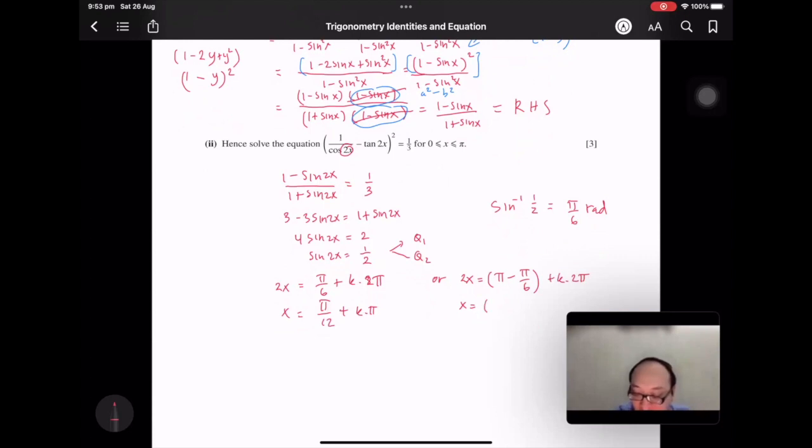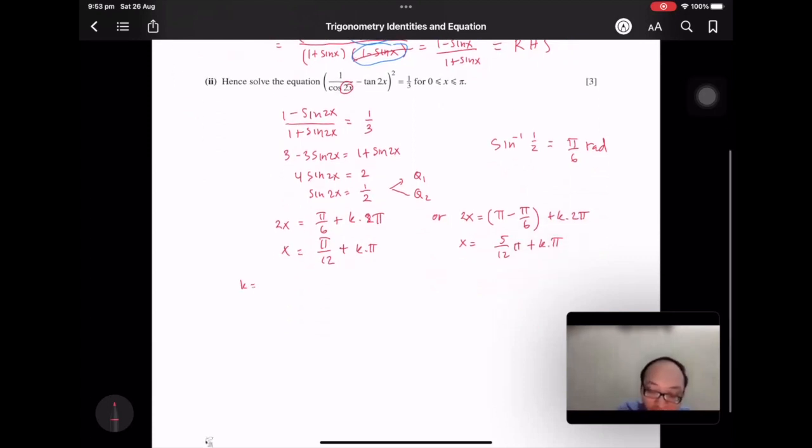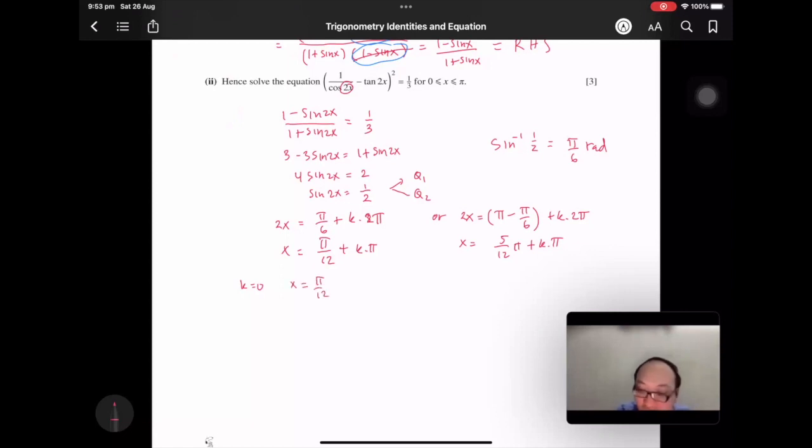In this case, this is 5 over 6, yeah? So it becomes 5 over 12 pi plus k times pi. So for k equals 0, x will be equal to pi over 12. For k equals 0, x will equal 5 over 12 pi.